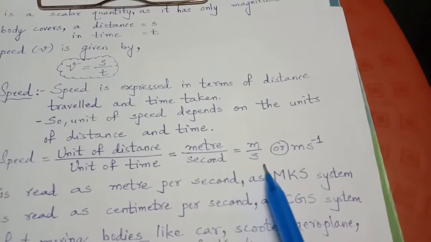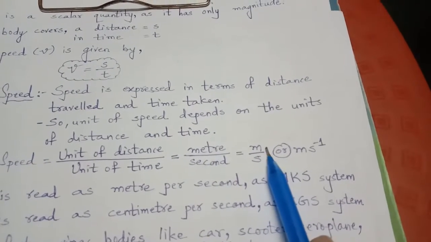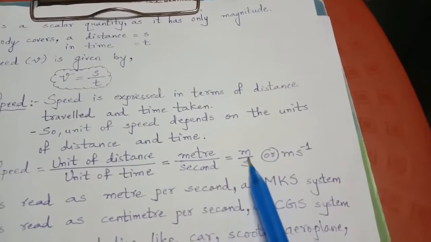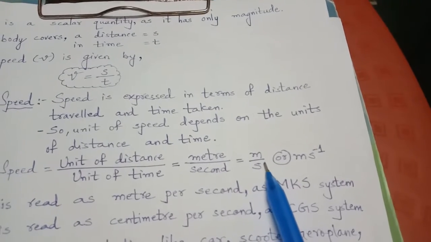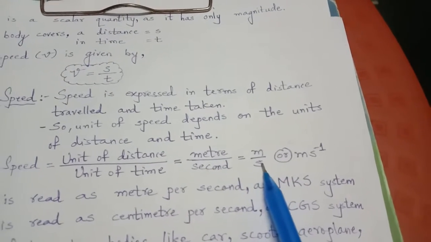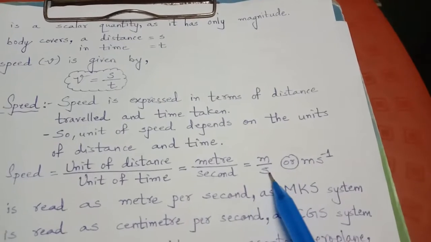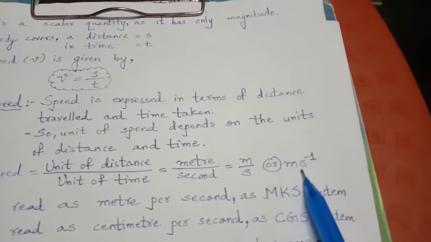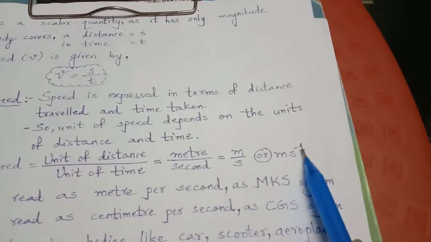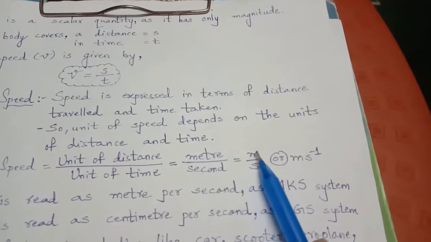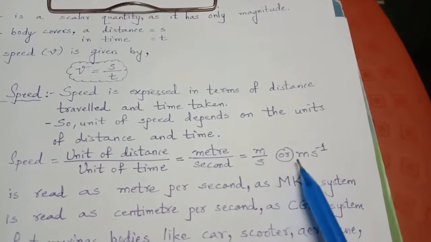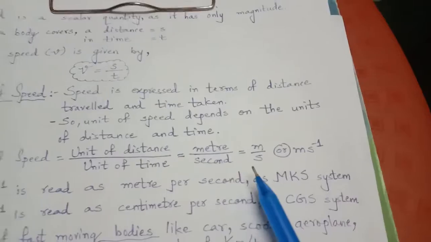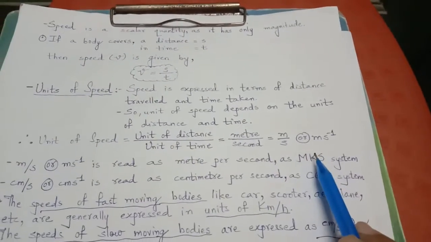s is in the denominator. When we want to write it in the numerator, s has only one power, no power written, so s is only 1. When we write the denominator value in the numerator, it will be considered s raised to minus 1. So either you write m by s or m s raised to minus 1. It is meter per second.